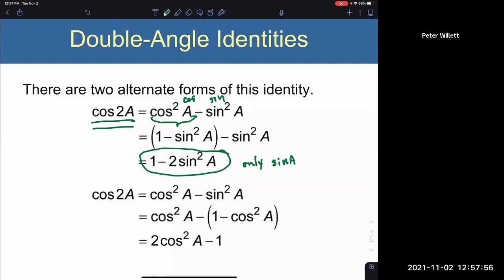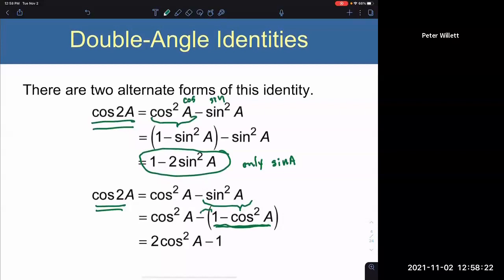just using sine of a. Similarly, if we take the exact same thing and we say, well, I'd like to just evaluate this in terms of cosine of a, then we can replace the sine squared part with what it's equal to in terms of cosine. Again, this goes back to our fundamental trigonometric identities. And then I would need to simplify like terms here, which would mean distribute the minus sign.